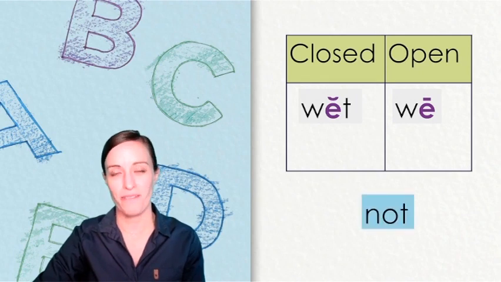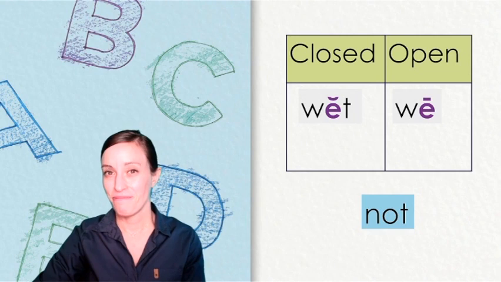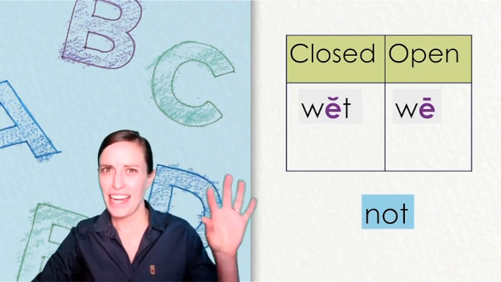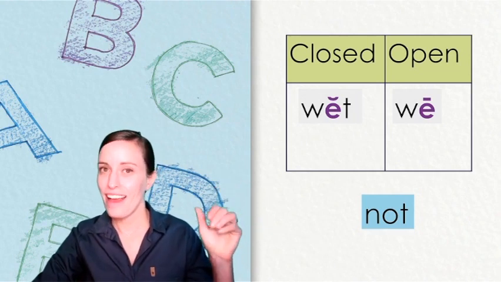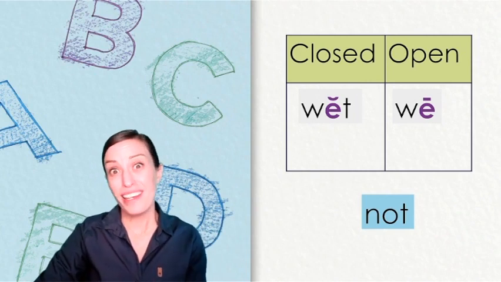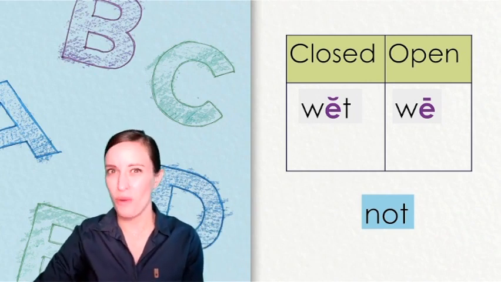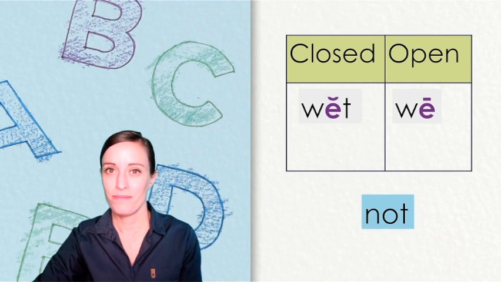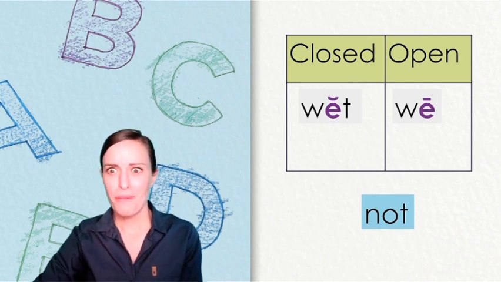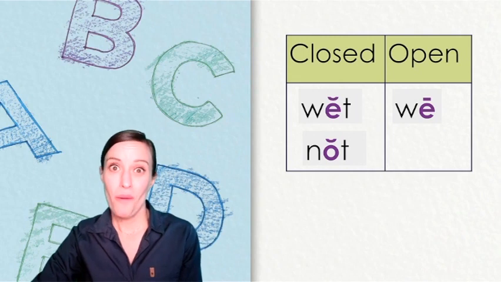Here's the next word. Try to tap it out. Let's do it together. Ot, not. How do we know that O has a short vowel sound? Because the O is closed in by a T. So the O makes the short vowel sound.